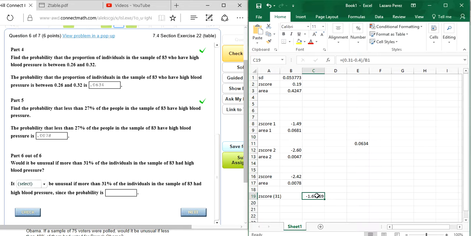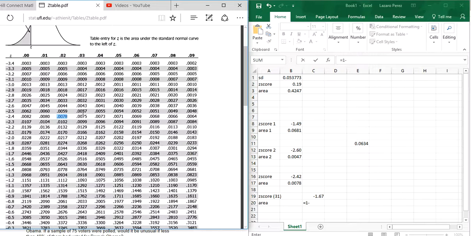Just go ahead and bring that to 2 decimals. You don't have to do this part, I just kind of like to. So let's find our area. Since they're asking for more than, we're going to have to do the 1 minus, so I'm going to put it in already. 1 minus, so negative 1.67.